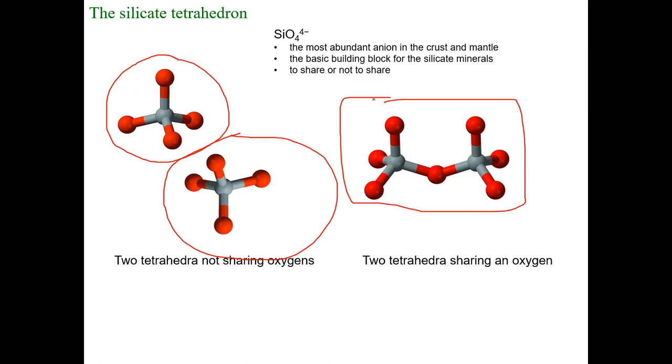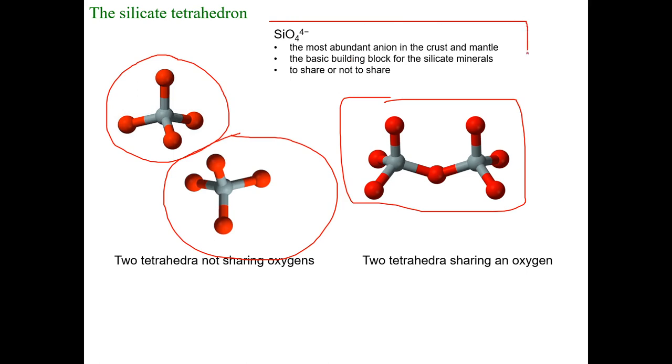They have different chemical properties. So it's very important to be familiar with the different silicate minerals, and also know how those different classes of silicate minerals are linked together. Physically, how the tetrahedra of those silicate minerals are linked together. You need to know that for the test.